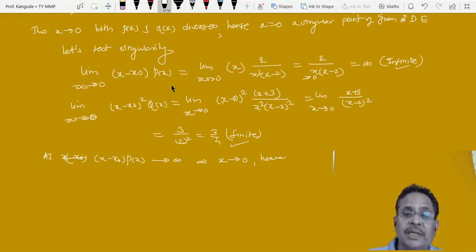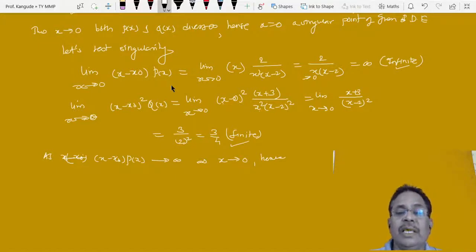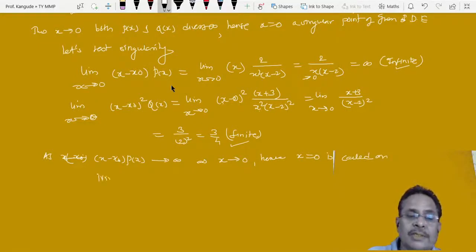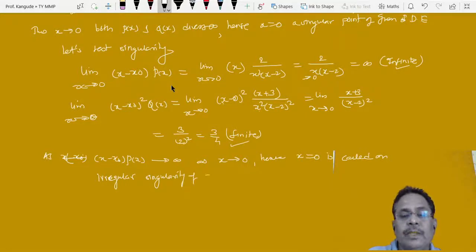In this particular problem, the first quantity, x minus x0 into p of x, tends to infinity as x tends to 0. Hence, x is equal to 0 is called an irregular singularity of the given differential equation.